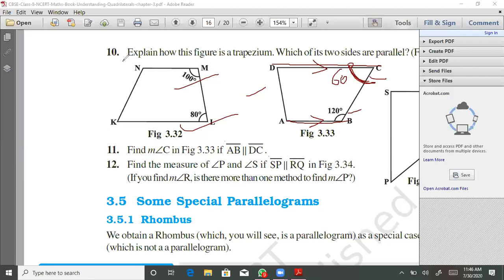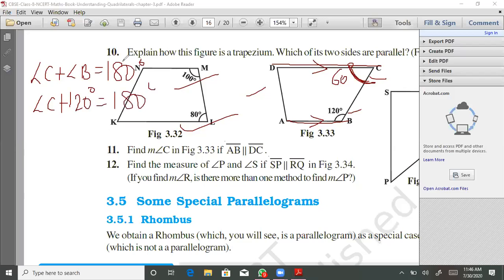So we'll do this question like this: angle C plus angle B should be equal to 180 degrees, and the reason is adjacent angles, because opposite sides are parallel here. Then angle C you have to find out: C plus B, which is 120 degrees, is equal to 180 degrees. Angle C is equal to 180 minus 120, 60 degrees, right?